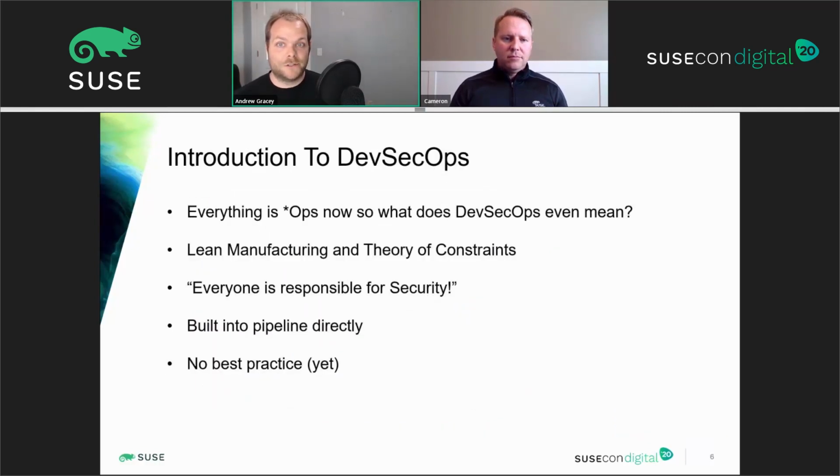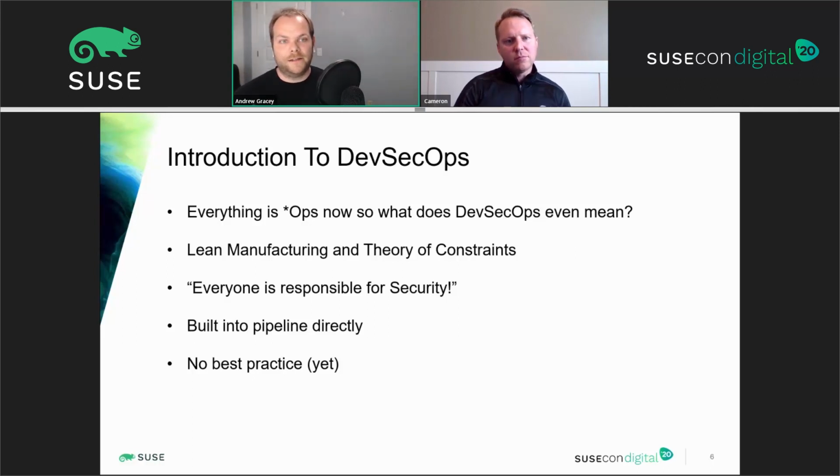So this leads us to DevSecOps, which is basically just another term in the star-ops type tree. And so what does that actually mean? All of these, DevOps, DevSecOps, ChatOps, are really coming out of the lean manufacturing and theory of constraints model.